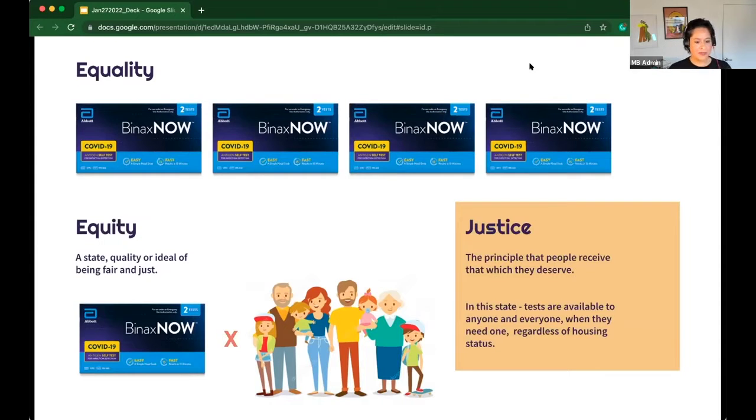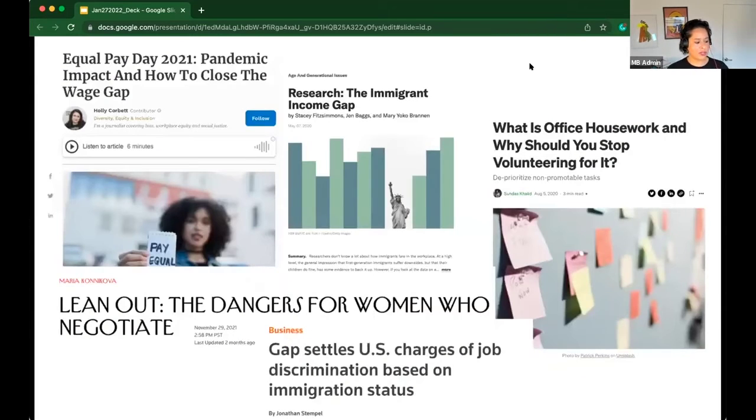So that said, how does it apply to pay equity and pay transparency? I thought I would bring just a snapshot of what I'm seeing in research and in the world of news right now.